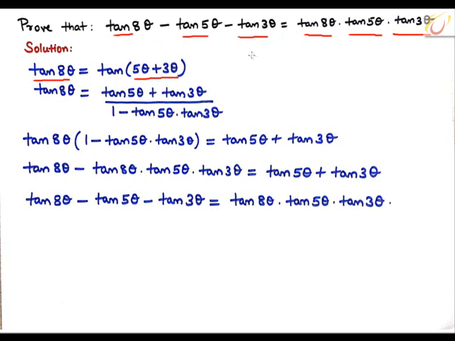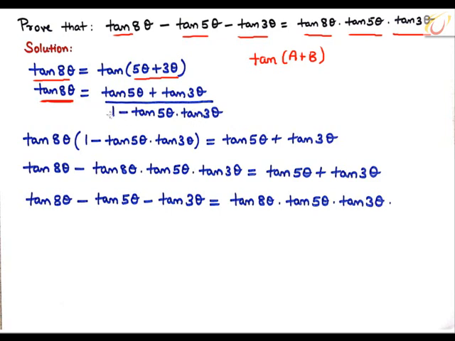Perfectly. So can I use the formula of tan A plus B? What is that formula? Tan A plus tan B upon 1 minus tan A multiplied by tan B. Applying that here, tan 8 theta will be tan 5 theta plus tan 3 theta upon 1 minus tan 5 theta into tan 3 theta.